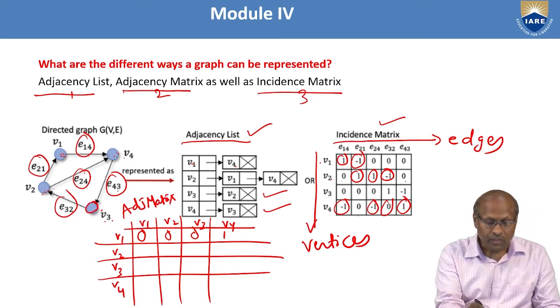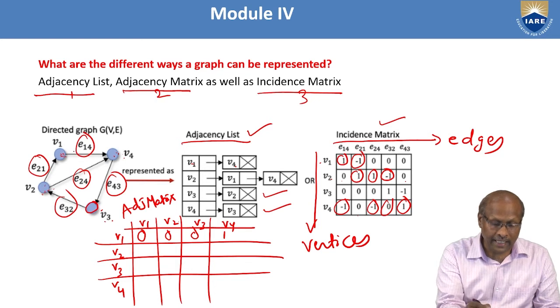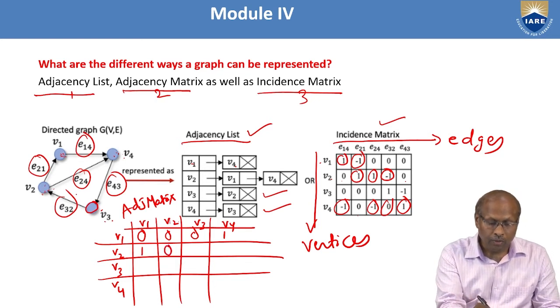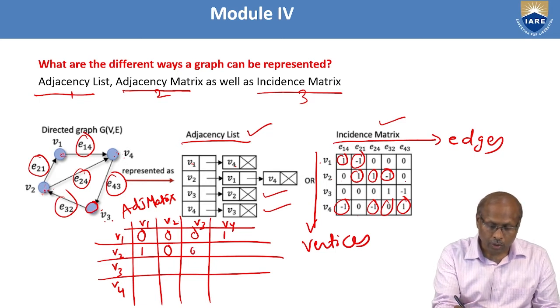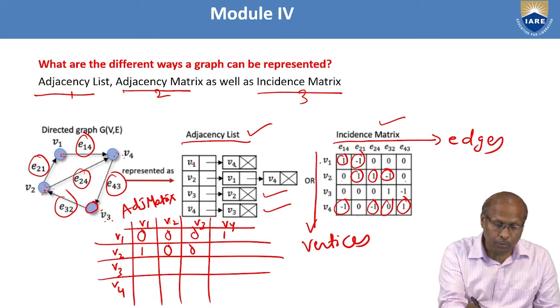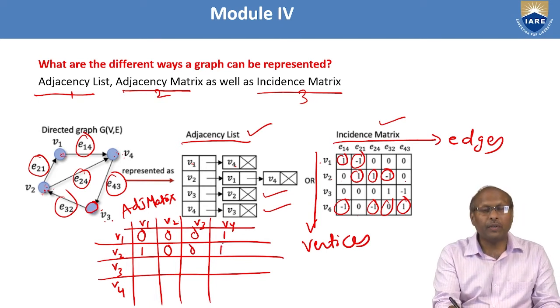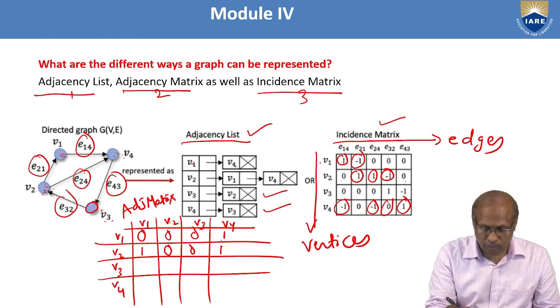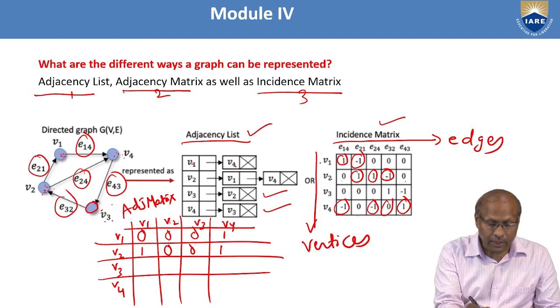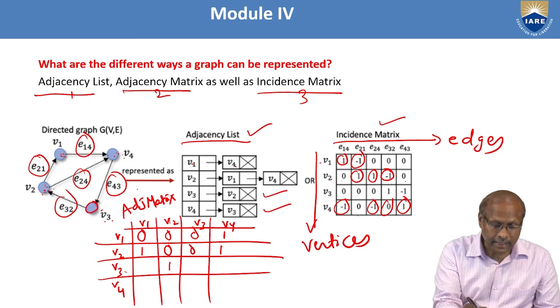V2 to V1, yes, there is connectivity, so write 1 here. V2 to V2, no connectivity, 0. V2 to V3, no connectivity, so 0. V2 to V4 exists, so write 1. Wherever there is connectivity, put 1, and wherever there is no connectivity, write 0. Similarly, V3 to V2 is there, so write 1, and V3 is nowhere else connected, so put remaining zeros.